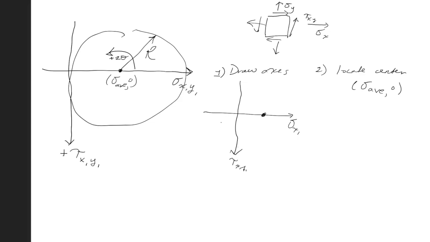Then step 3 is let's go ahead and locate the point on Mohr's circle corresponding to the stress condition on the x face here. So in this case, for the x face, sigma x1 corresponds to sigma x, and tau x1y1 is just the given tau xy.